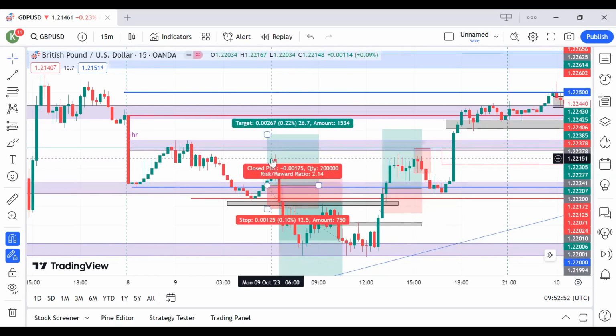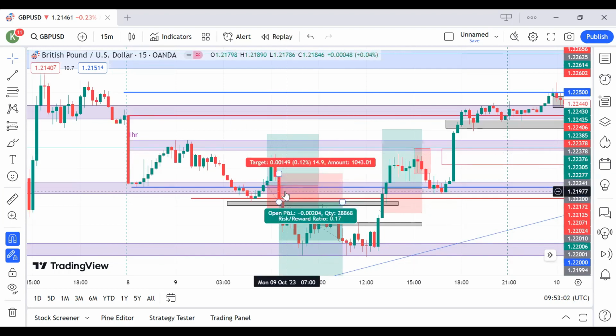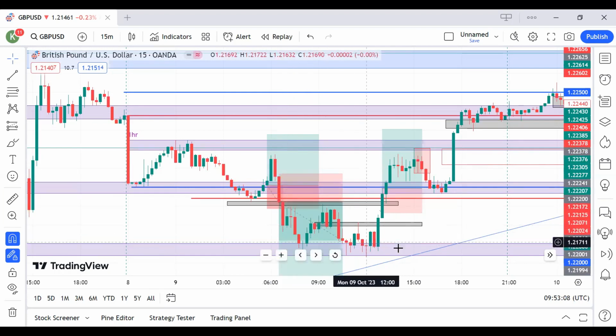So this rejection here confirms that this is an entry. And this entry will give you a smart money move, which broke this support level and went to test another support level on the 1 hour time frame. So you can see how the higher time frames' support and resistance levels can help us identify long moves.